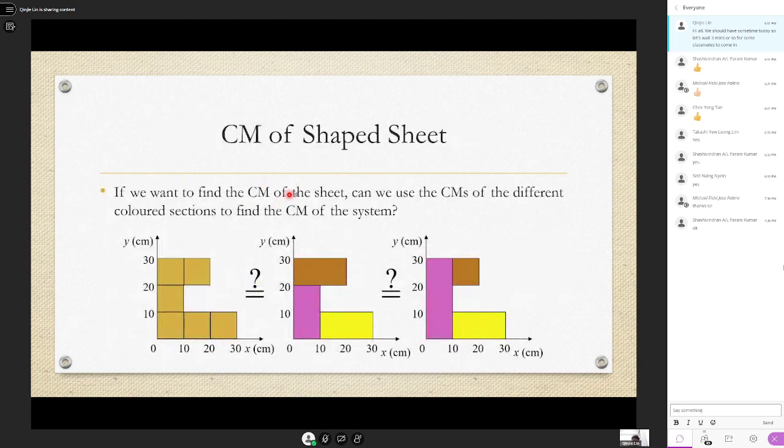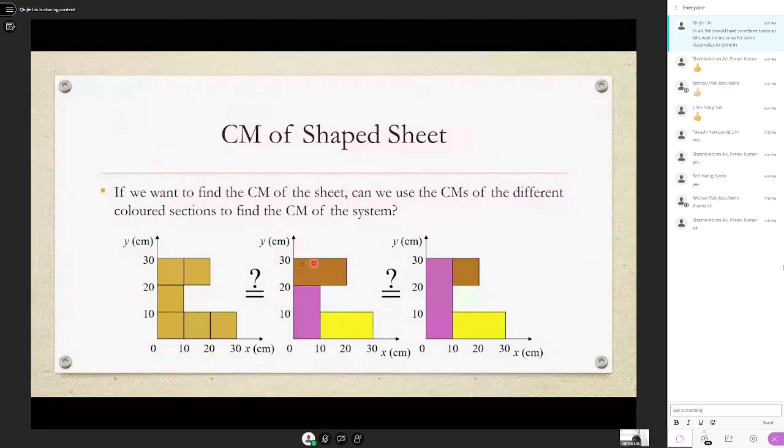If we want to find the CM of the sheet, we use the CMs of the different colored sections to find the CM of the system. Imagine we have this system over here with 6 different blocks. But let's say you group them up into two each: the top two together, and these two together, and these two together.